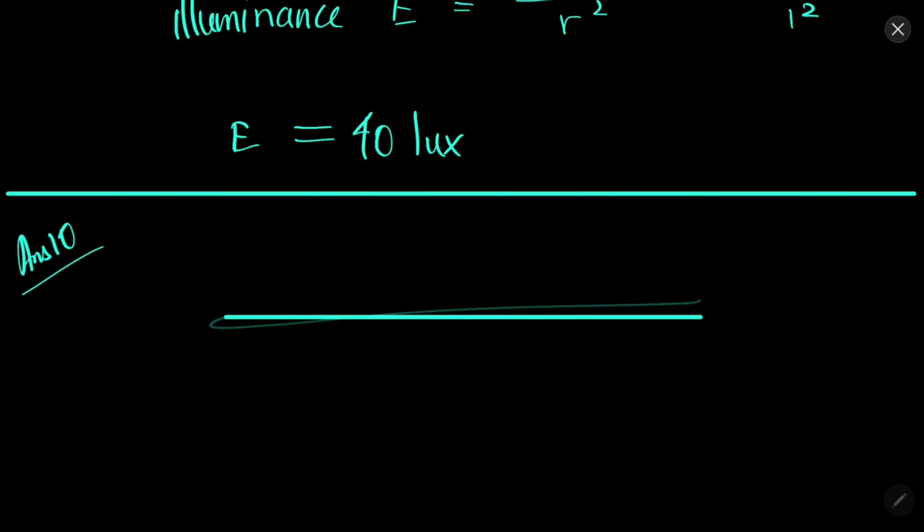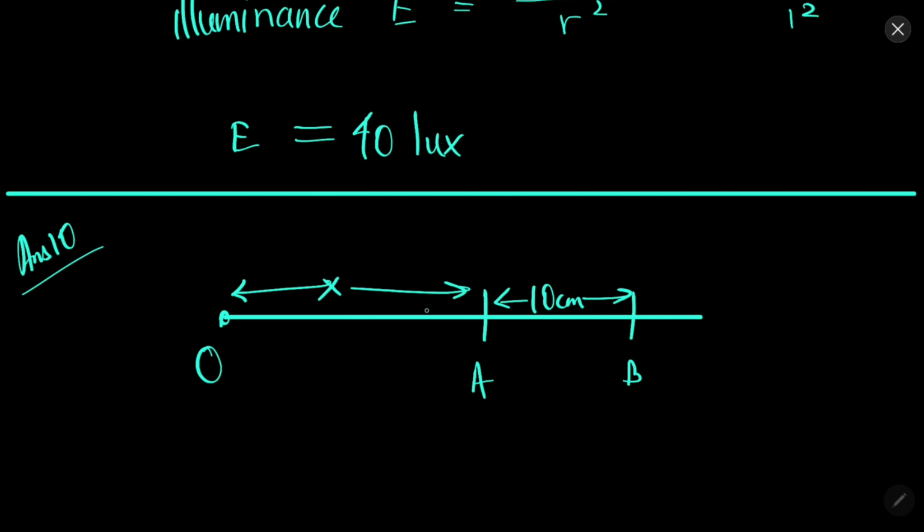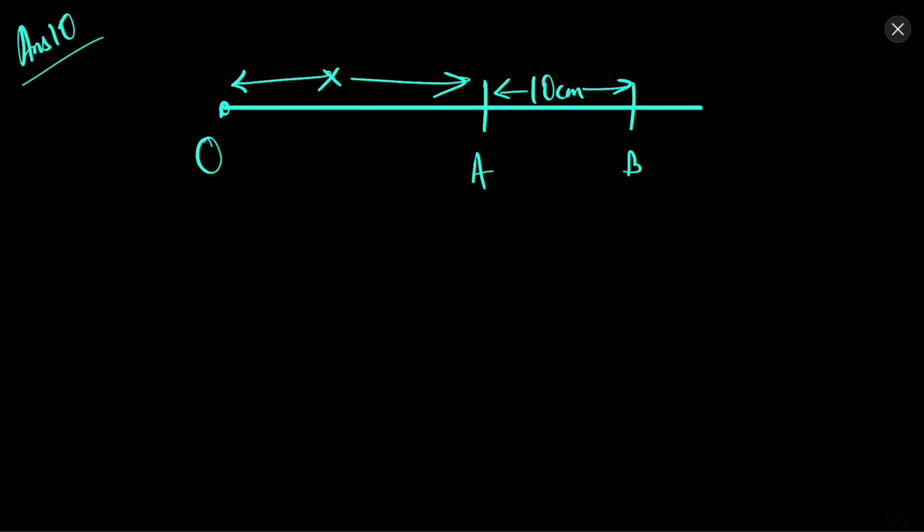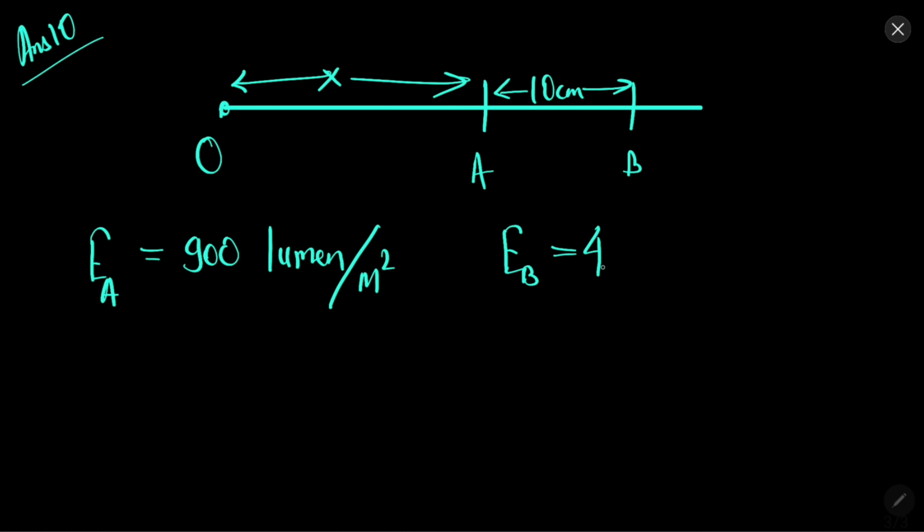The situation is like this. This is the origin, A, B, 10 centimeter apart, and let's say this is x centimeter. So first of all, what we have for A, illuminance is 900 lumen per meter square, and for B it is 400 lumen per meter square.